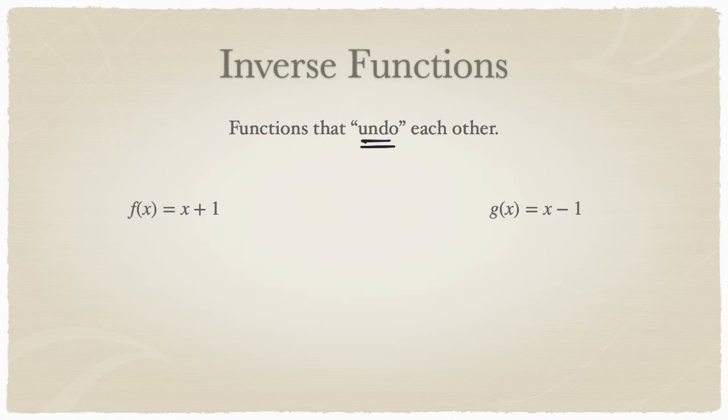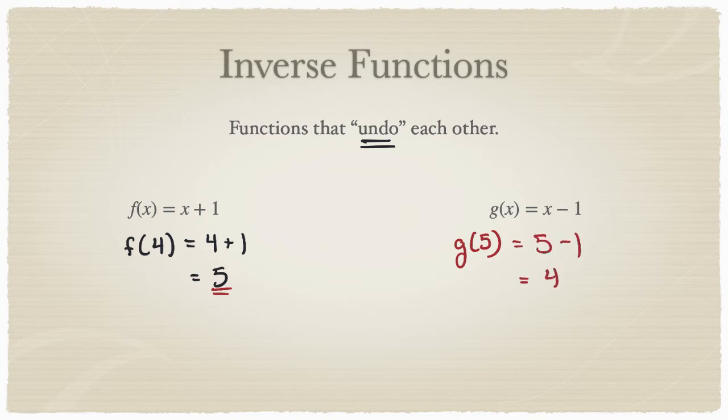But here's the important thing that inverses do. Let's say I wanted to find, and I'm picking a number at random here, f of 4, and that means substitute a 4 into the function. So it'd be 4 plus 1, or 5. Well, the inverse does something really neat. It takes the 5 that was output by function f, and when I put that 5 in, it returns the 4.